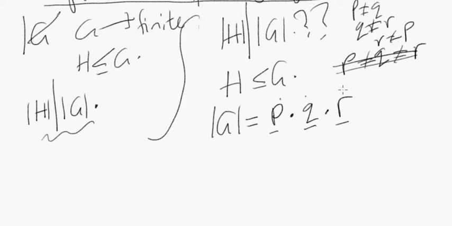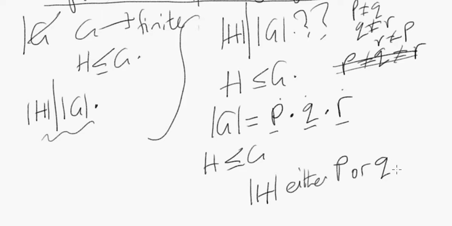If this is the result that we have, and we know that H is a subgroup of G, what does that tell us about the order of H? Does this mean that the order of H is either P or Q or R?